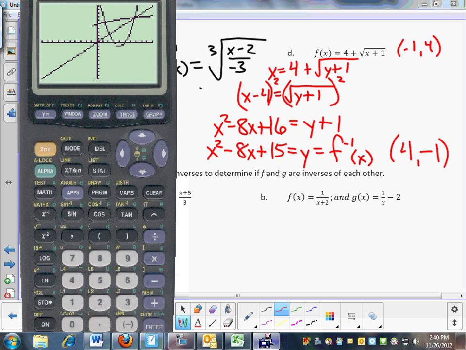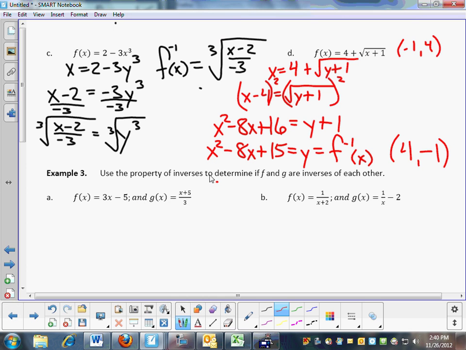Look at your graph. Does it look like that starts at 4, -1? You're darn right it does. So therefore, I have to restrict this. I have to say only for x values that are in 4 to infinity.